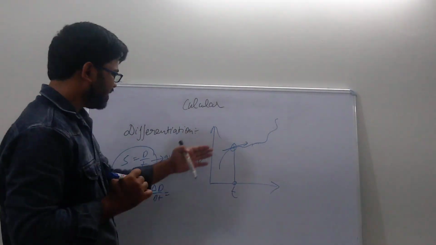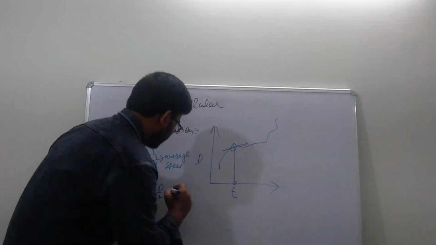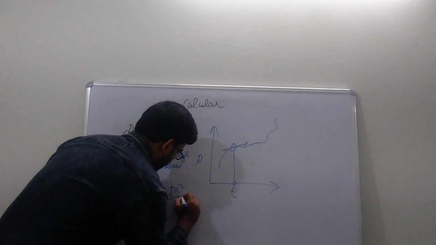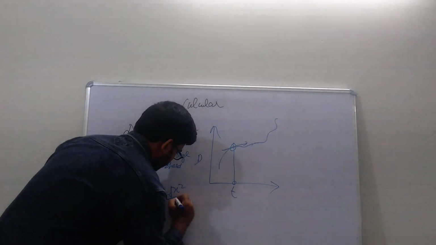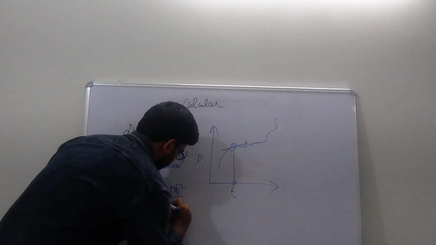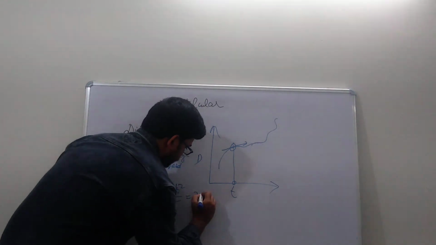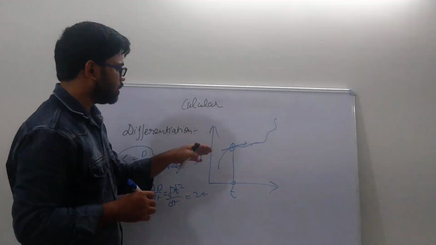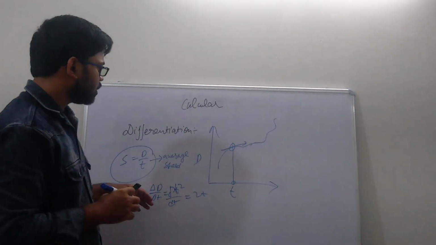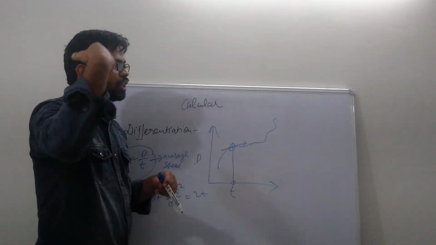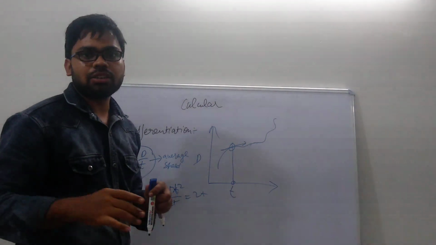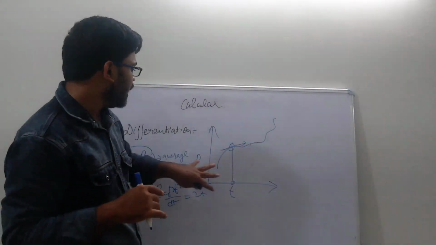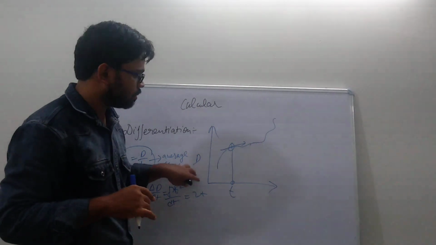Suppose the function was t squared, then d/dt gives us 2t. Similarly, for any function you differentiate, we get the instantaneous speed. So differentiation is always utilized to calculate the slope of a graph. That is its physical interpretation.